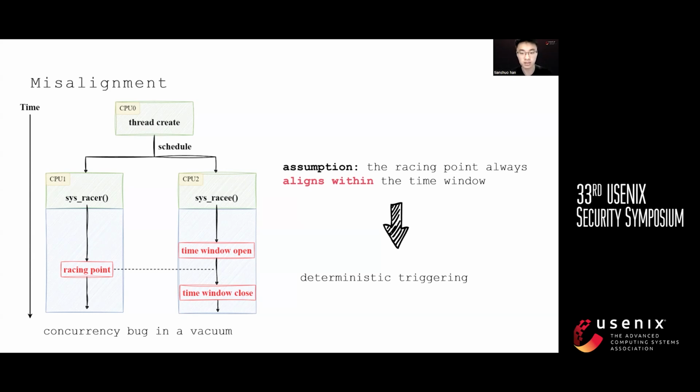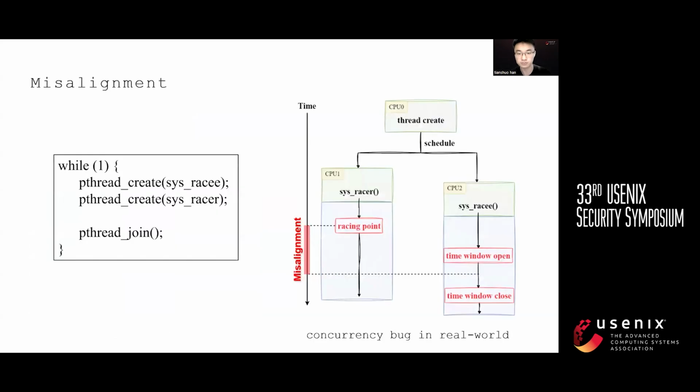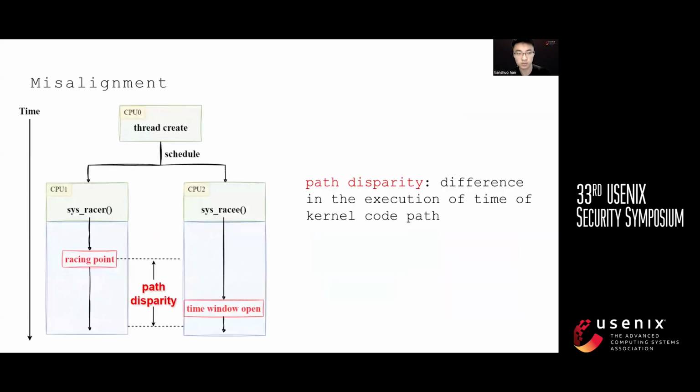However, this ideal alignment is based on our assumption and doesn't hold true in real-world scenarios. In real-world cases, it's actually very common that the racing point falls outside of the time window, and there turns out to be a time difference between the racing point and the time window. In the following sections, we will explore how this occurs.